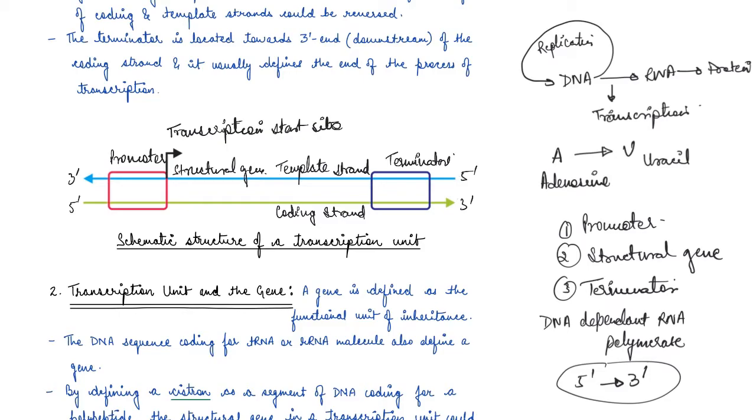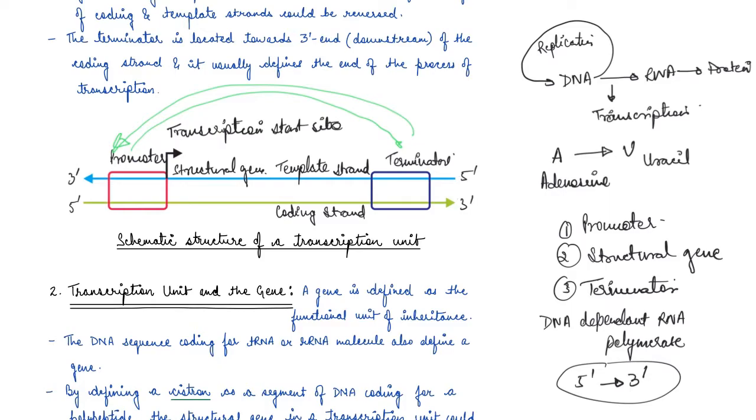If we switch the promoter's position with that of the terminator, the definition of coding and template strand will be reversed. So if I switch these positions, then the entire sequence will be reversed, right? So the coding and the template will be reversed.